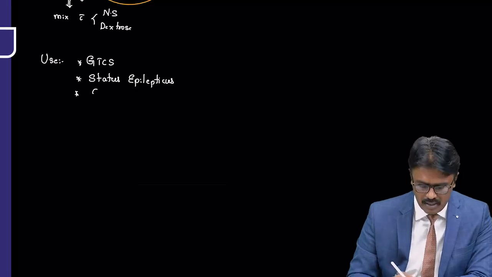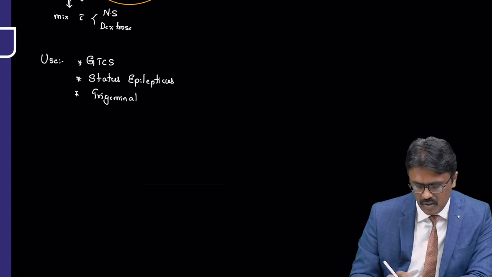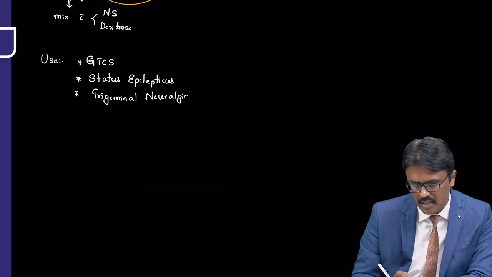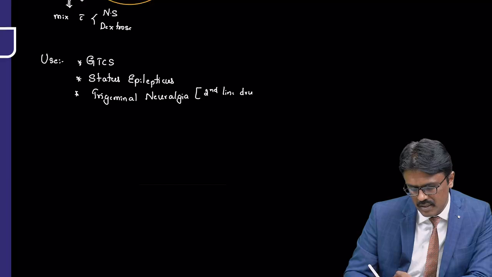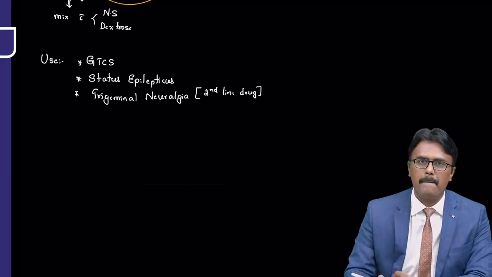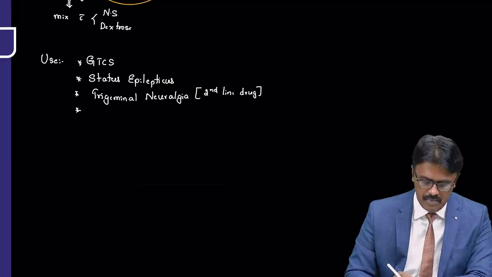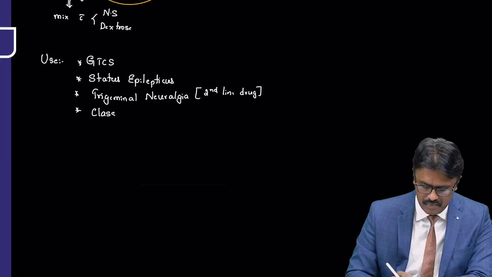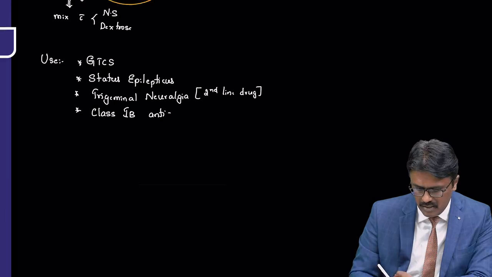And it was also tried in trigeminal neuralgia. In trigeminal neuralgia, it is a second line drug. And phenytoin belongs to class 1B antiarrhythmic action.